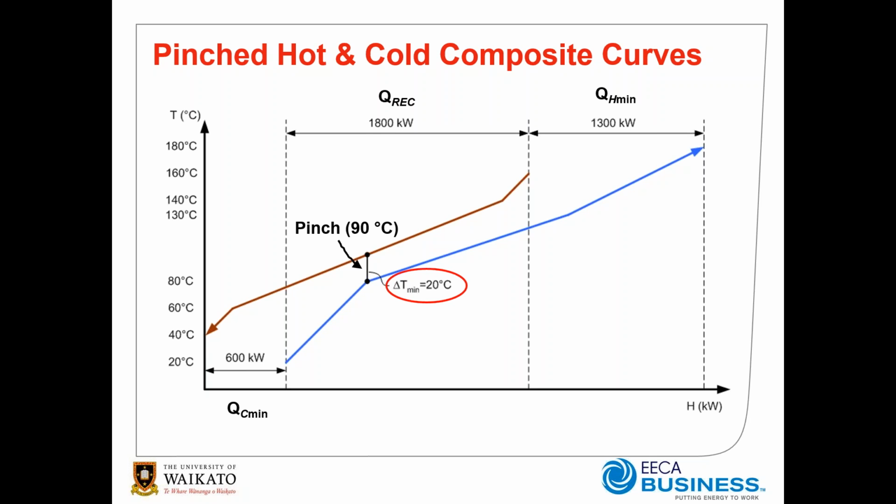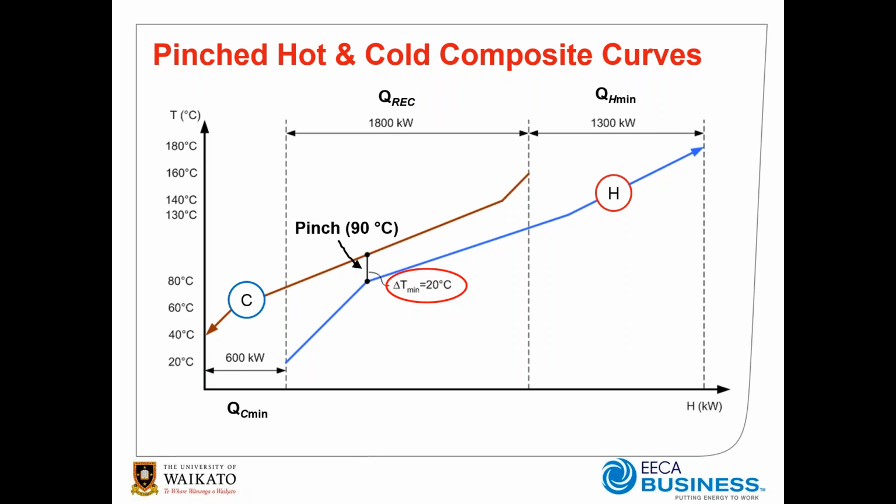Now this is the pinch, and in this case it's about 90 degrees. Well, it sits between 80 and 100 degrees or thereabouts. And you'll notice again we're only needing hot utility above the pinch and only needing cold utility below the pinch.